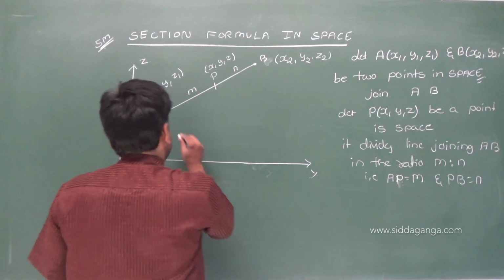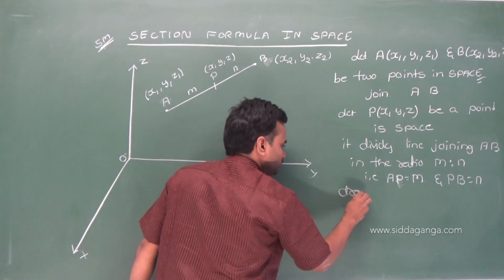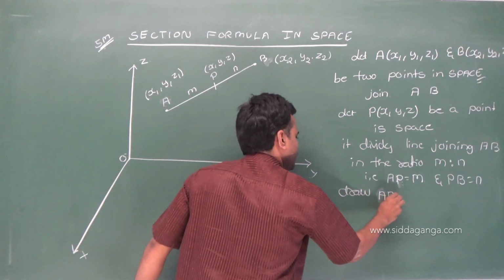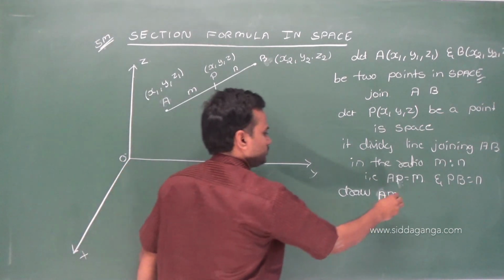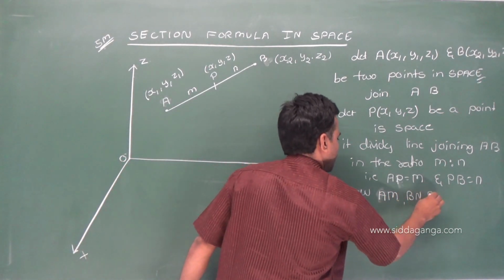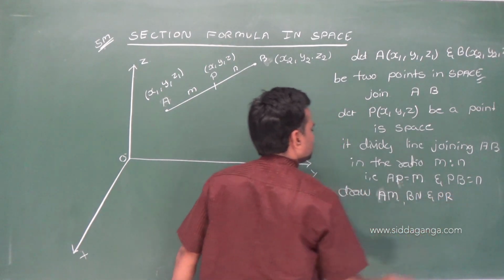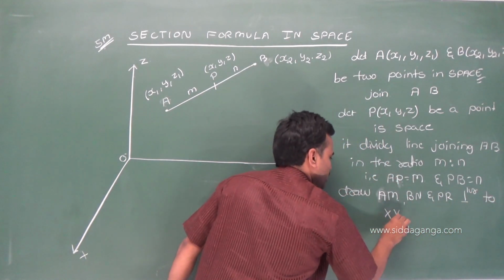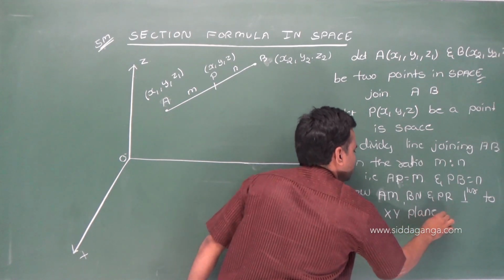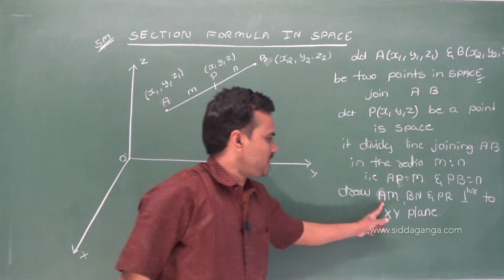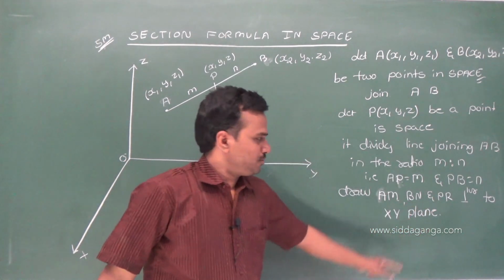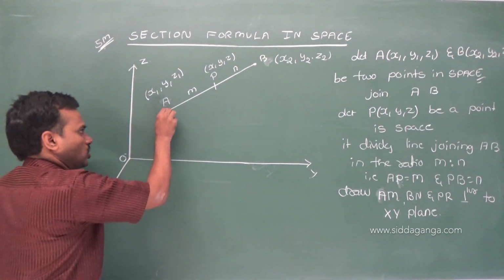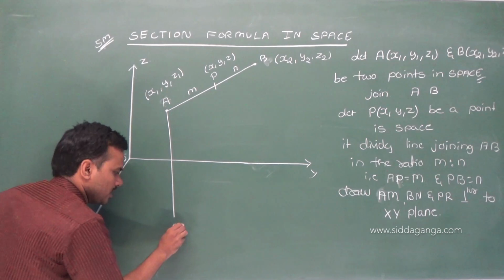Okay. Next up. So draw AM, BN and PR perpendicular to the XY plane. Observe here. Draw AM.